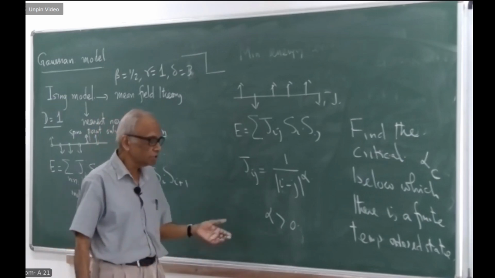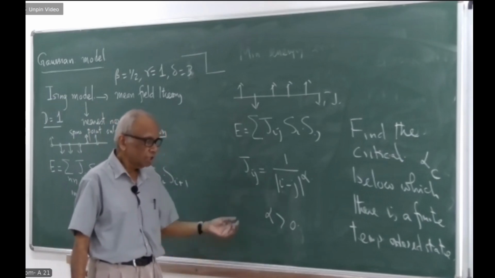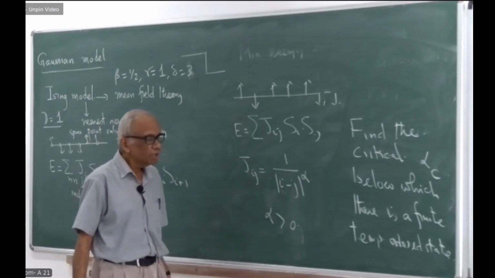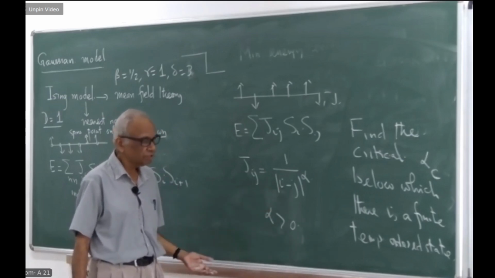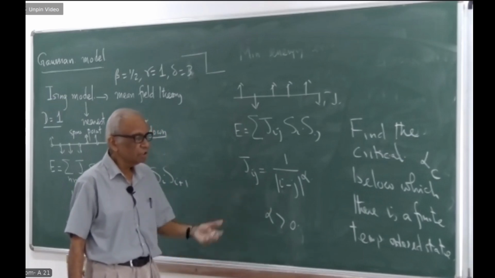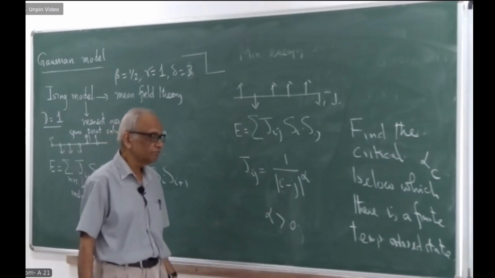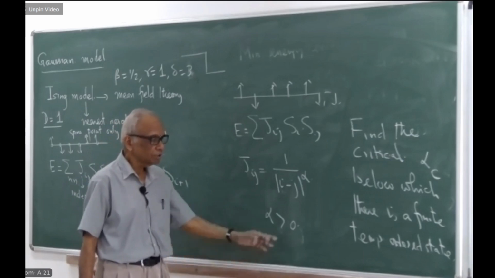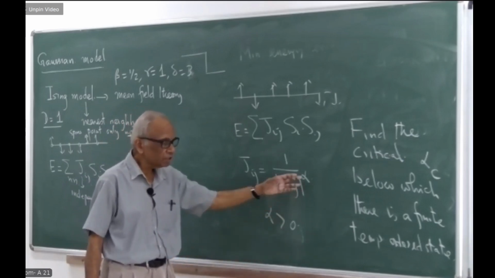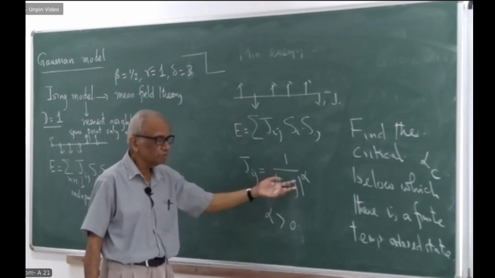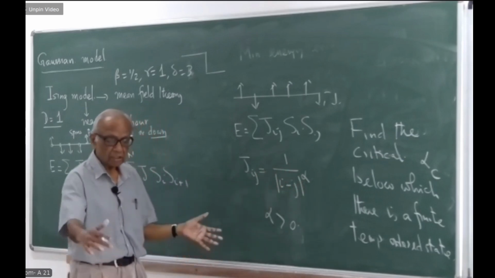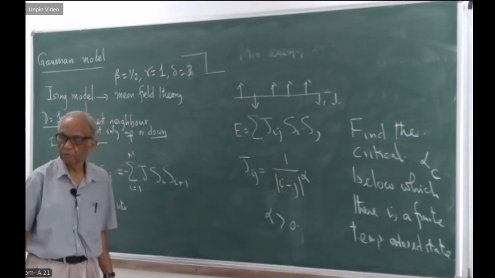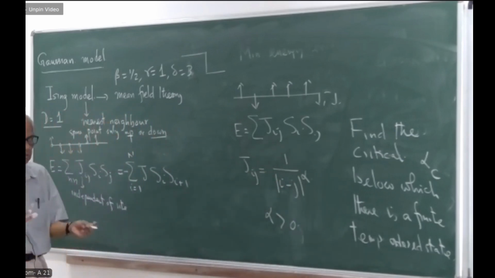And the point is that if the interaction is strong enough, in these infinite range interactions, there is going to be a phase transition. There is going to be an ordered state, but it has to be strong enough, meaning alpha has to be small enough so that it has a significant long range component.